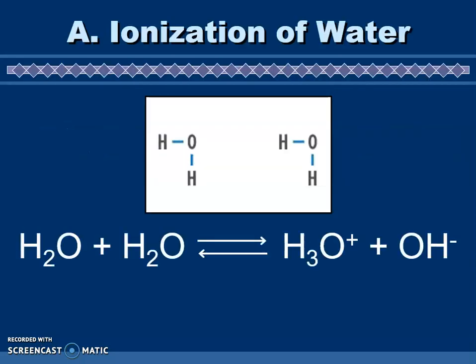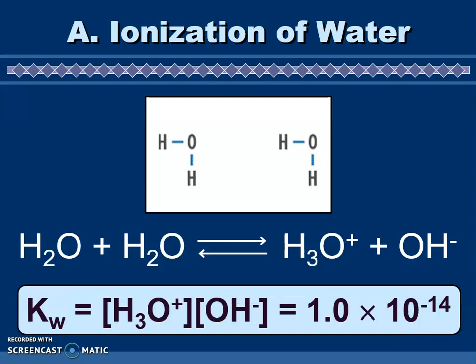Okay, so here is an equation that we are going to use to help us out. This is K sub W, the constant value for water when you have reached equilibrium. Equilibrium, if you remember from taking biology, is the point at which things are equal, happening at an equal rate.